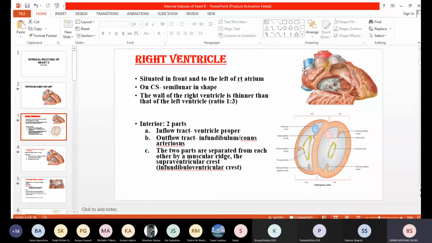In comparison to the right atrium, it is somewhat in front and to the left side, because the heart is directed downward, forward, and towards the left side. So it is moving downward, forward, and to the left, in front of the right atrium and slightly to the left.